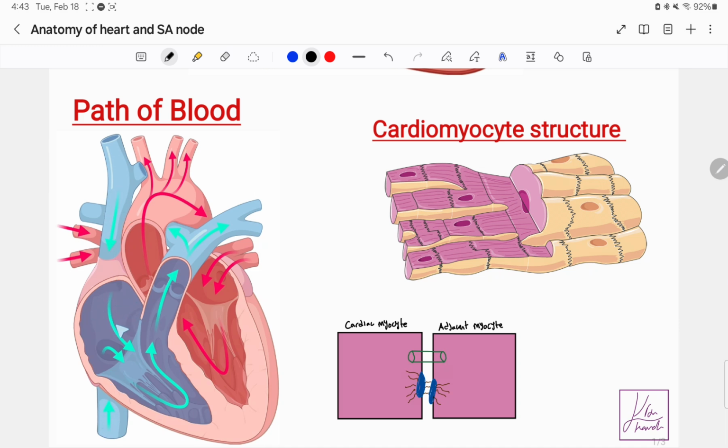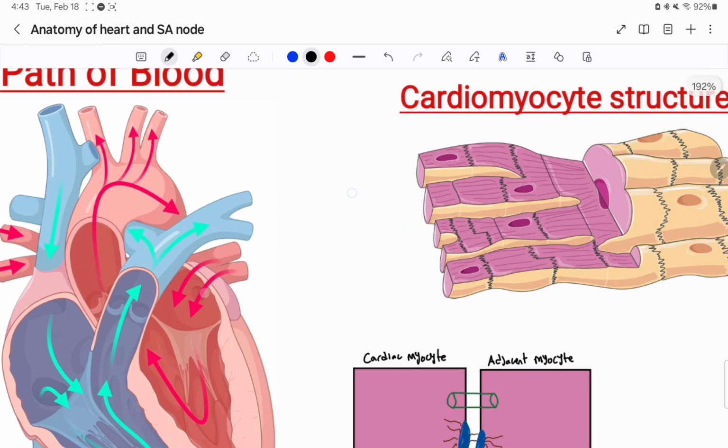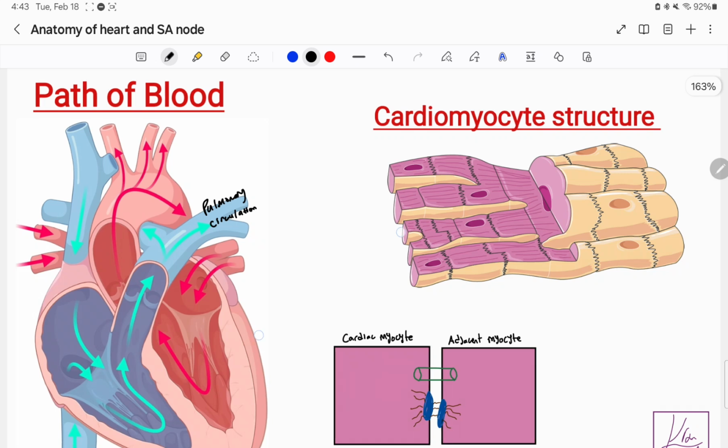The blood from the right atrium has got to go through the tricuspid valve, which will then end up inside of the right ventricle. The right ventricle will then pump that blood through the pulmonary semilunar valve into the pulmonary artery, which will then go towards the pulmonary circulation. That's important. It'll go to the pulmonary circulation. And the pulmonary circulation just refers to going to the lung and back from the heart.